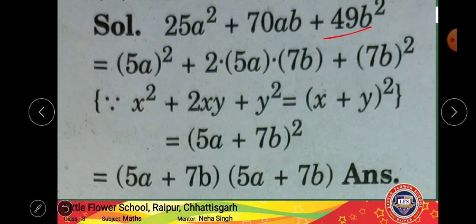So this is 5a whole square plus 2 into a is 5a, b is 7b, and when I am multiplying this I am getting 70ab, which means this is 2ab, plus this 49 means 7b whole square, right?